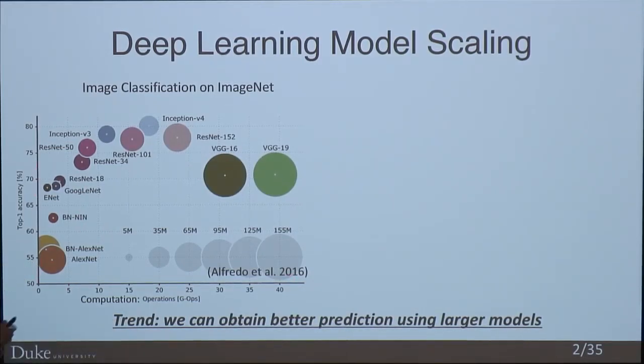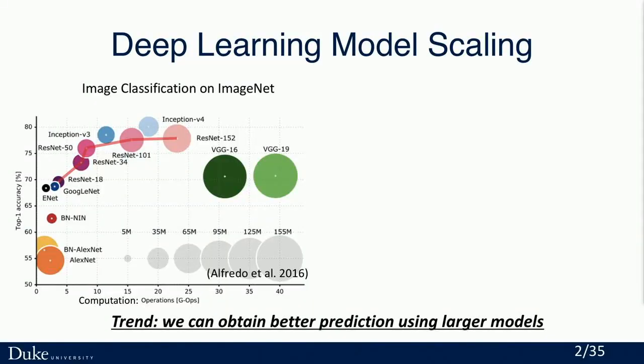The y-axis is the accuracy. In general, if we can build a larger model, we can always get a better performance. This is typically true for one specific neural architecture. For example, for ResNet, we can get better performance if we can get deeper neural networks. And this is similar for the Inception model.